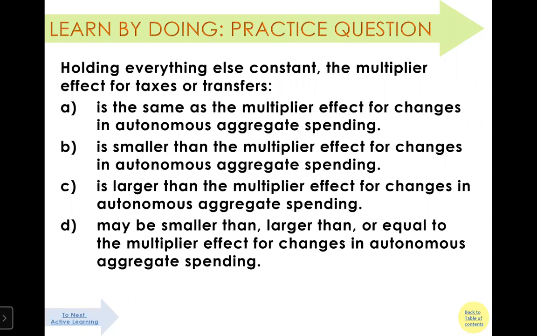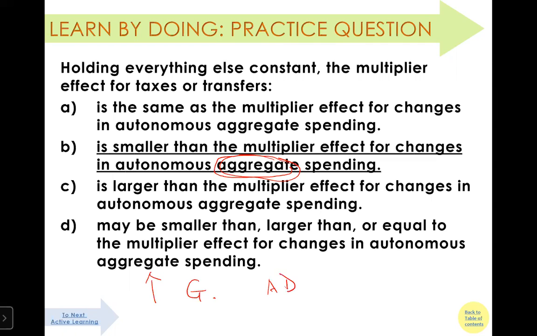The multiplier effect for changes in taxes is smaller than the multiplier effect for changes in autonomous aggregate spending. So actually B is correct. This change of autonomous aggregate spending is similar to changes in government spending, because it immediately has an impact on aggregate demand, plus the follow-up.